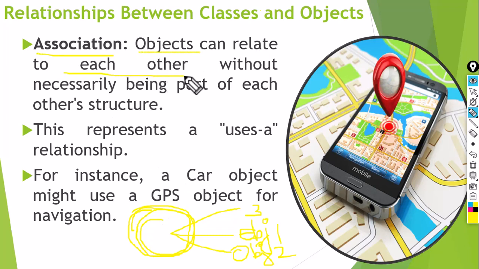The objects can relate to each other without necessarily being part of each other's structure. This represents a uses-a relationship. For instance, a car object might use a GPS object for navigation. Obviously, yes. If you take a car, on the dashboard, you see a small screen.